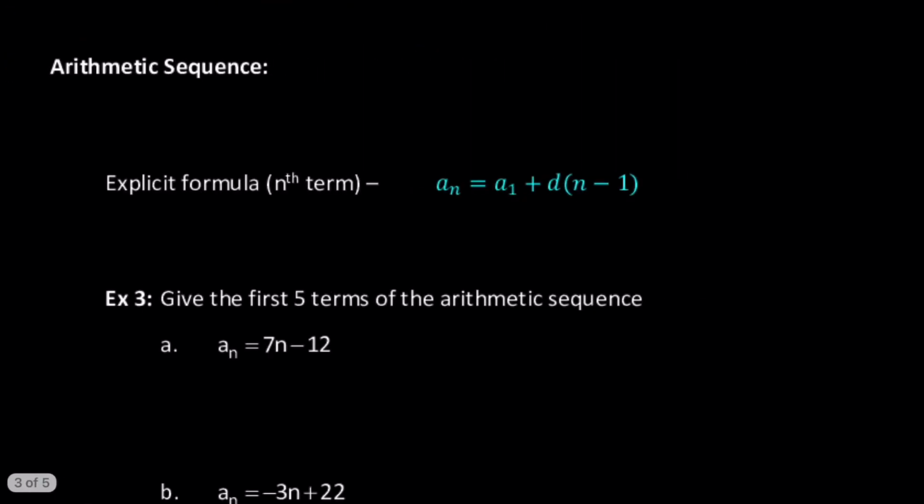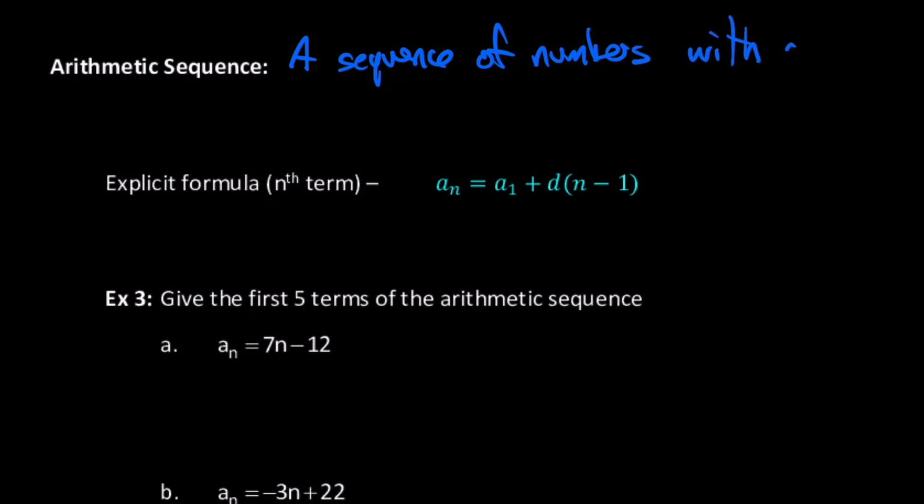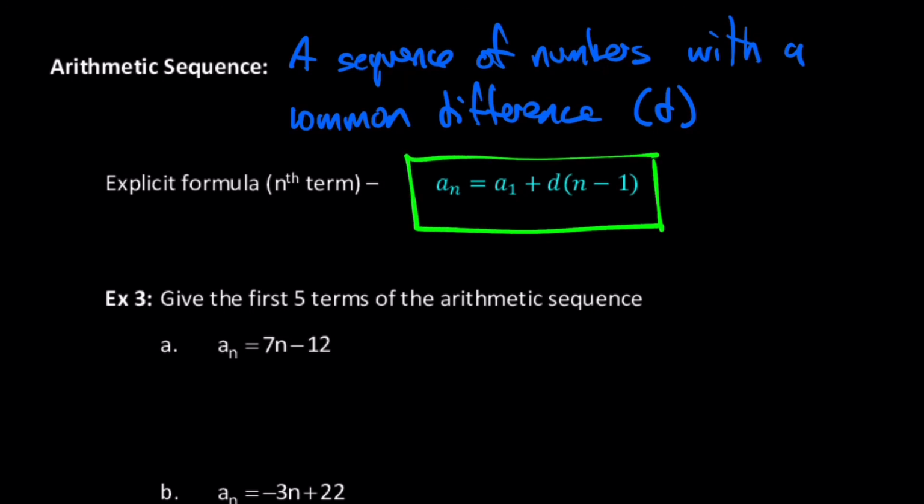So an arithmetic sequence is simply a sequence of numbers with a common difference. And that common difference is denoted with a D. And this is a very, very important formula for us to use.